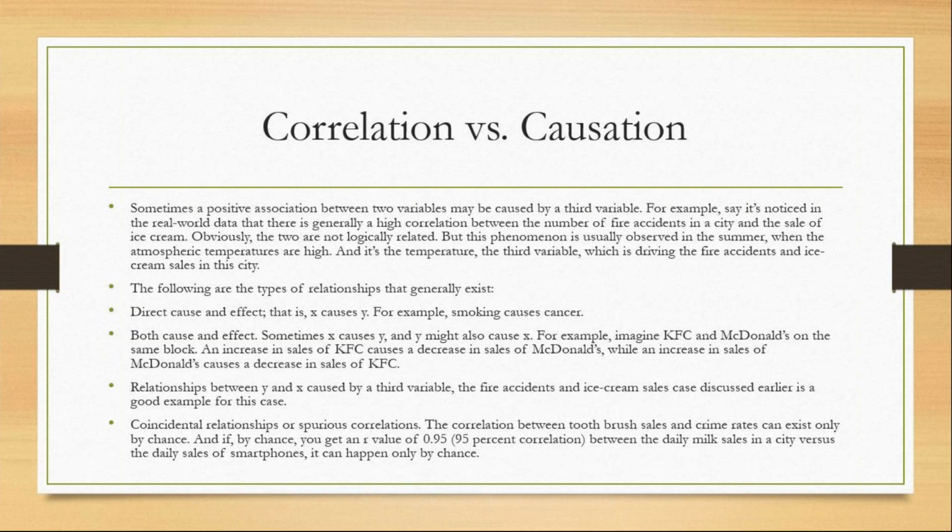The reason for this is that May is a warmer month, and in a warmer month you might expect more people consuming ice cream, and fire accidents are also quite high in a warmer month. So they directly are not correlated, but there is a third factor or third variable which comes into the picture: the temperature.